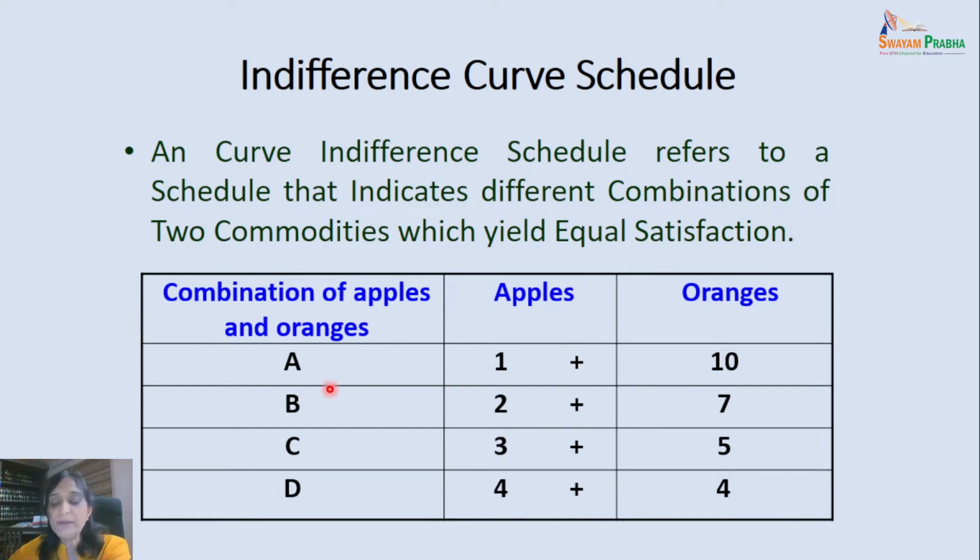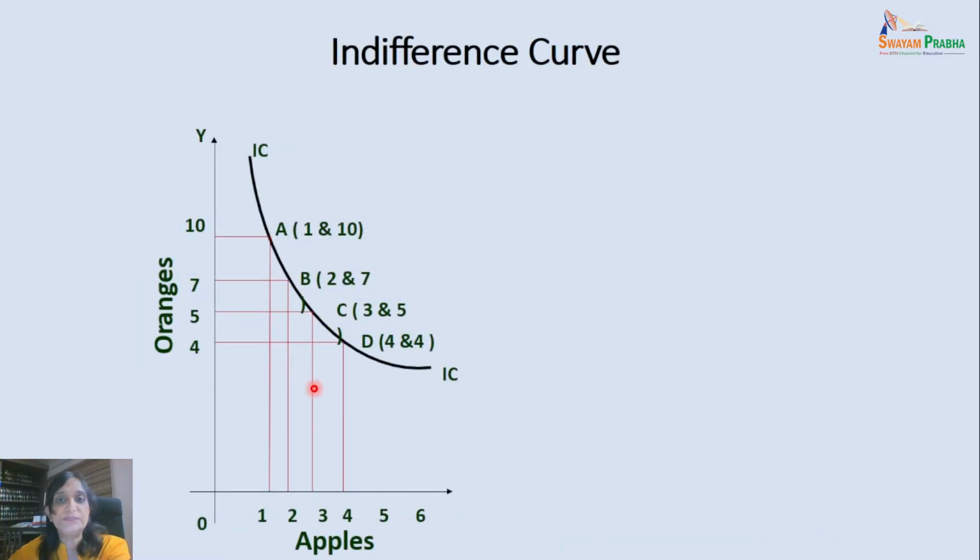Now, when we plot this indifference schedule on a graph, where let us say we are measuring oranges on the y-axis and apples on the x-axis, all these four points A, B, C, D show us different combinations of apples and oranges. We plot them on this graph and join these 4 points.